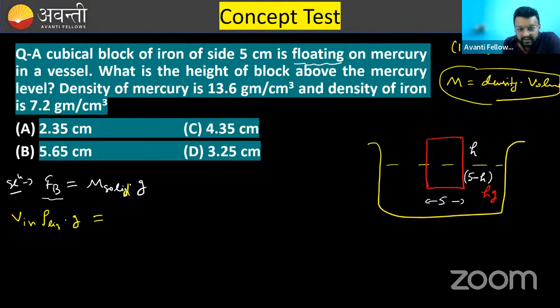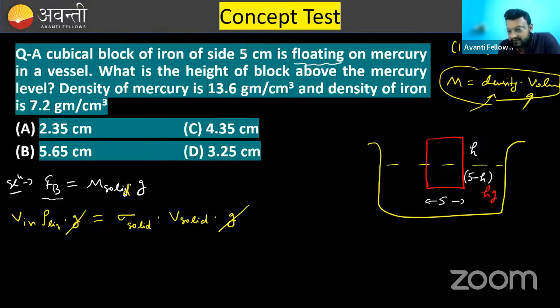We are calculating the mass of the solid, which is the density of the solid into its volume. Let's suppose the density of the solid is sigma, so sigma of solid into volume of solid into g. Again, you will see g will cancel out.